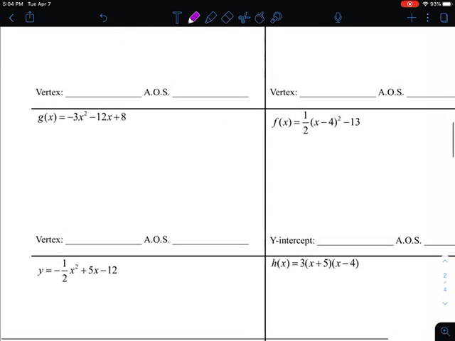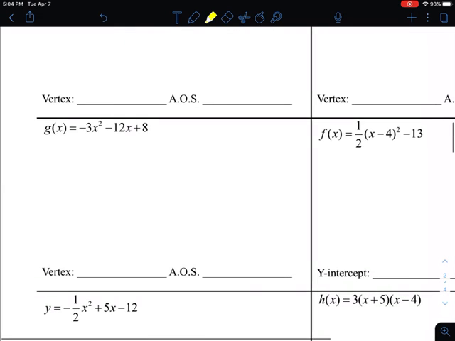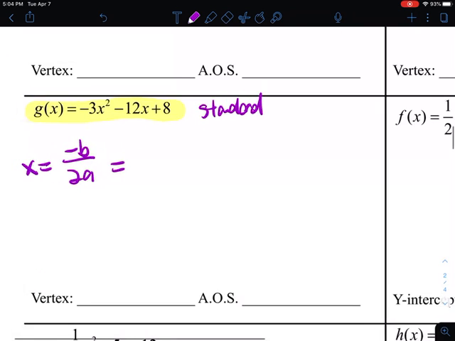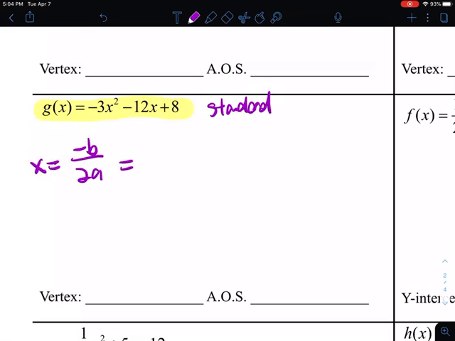So let's say I'll look at this one right over here, g of x. I'm asked to find the vertex and the axis of symmetry. Remember, if it's in standard form, which is what this is, I have this magical formula: x equals negative b over 2a. That gives me my axis of symmetry. So let's plug in our values.